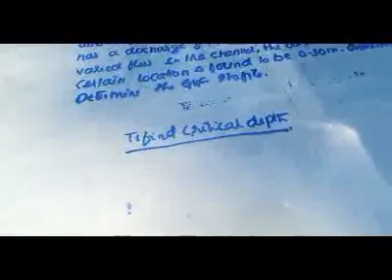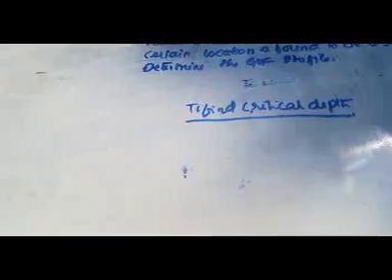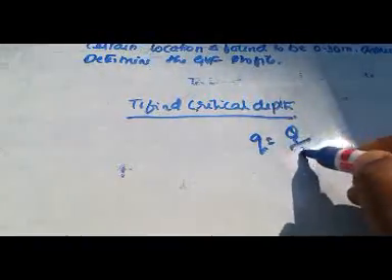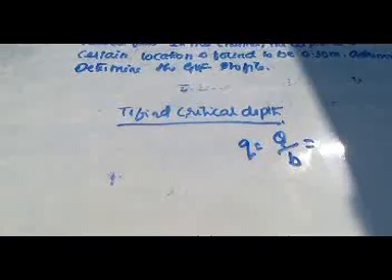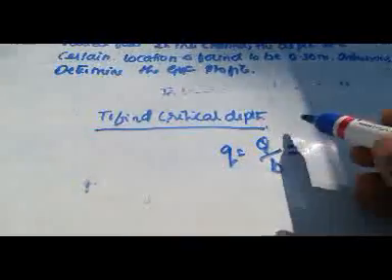To find critical depth, what is the formula? Small q is equal to Q by B. That is the formula we derived earlier.